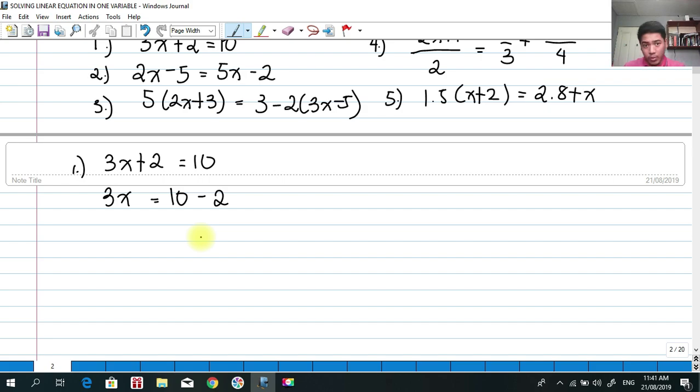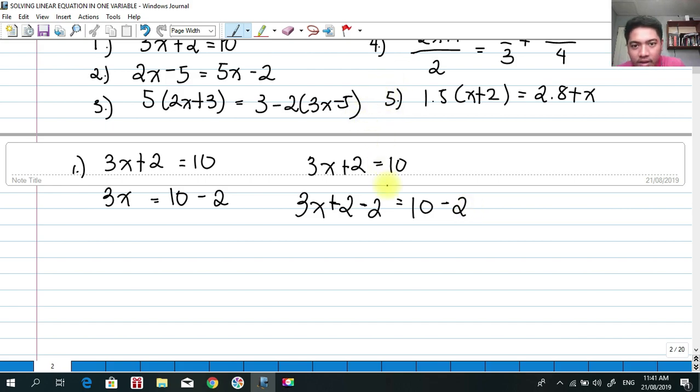Actually, there is no transpose. What we mean is that to cancel the 2 in 3x plus 2 equals 10, we subtract 2 from the left side of the equation. And of course, what we do on the left side, we must also do on the right side, so 10 minus 2, so that they are still equal.